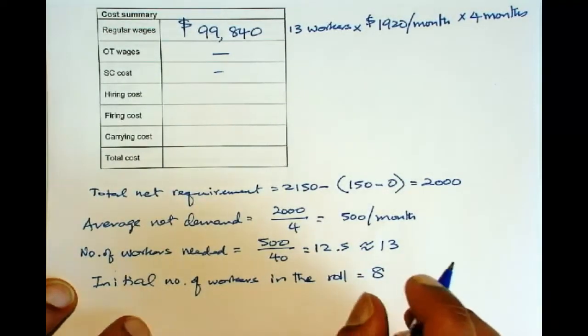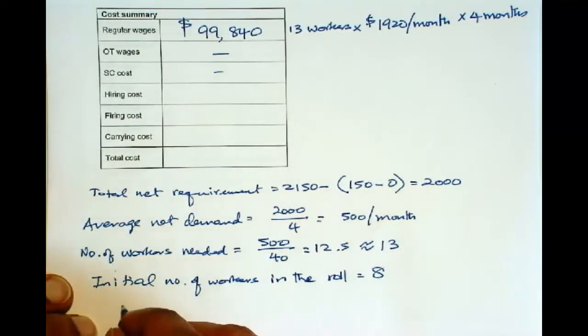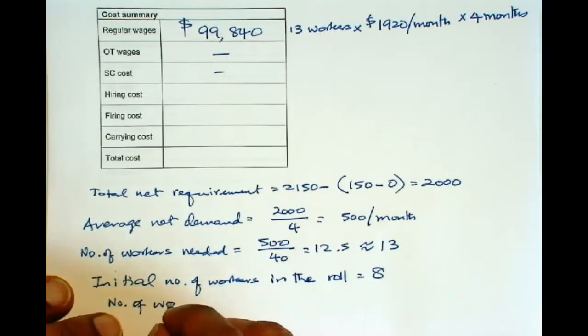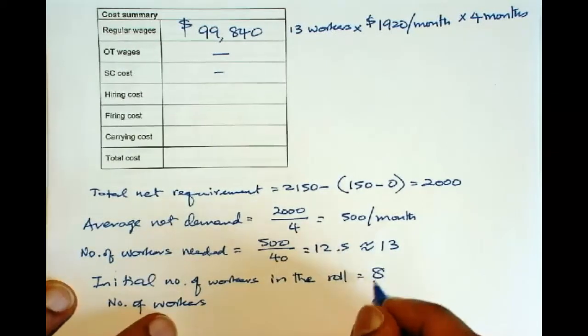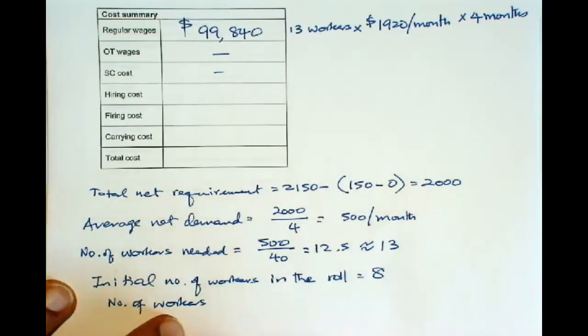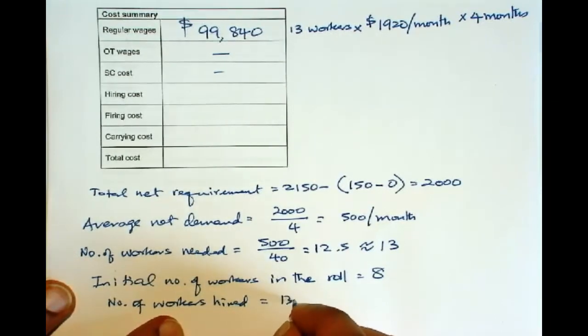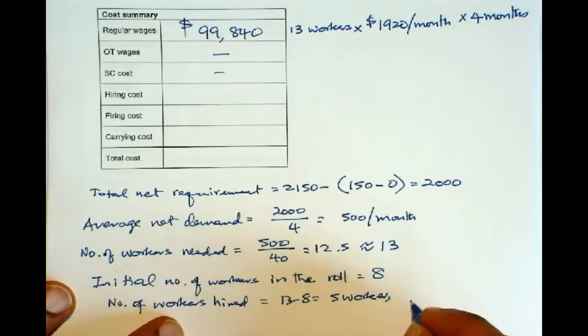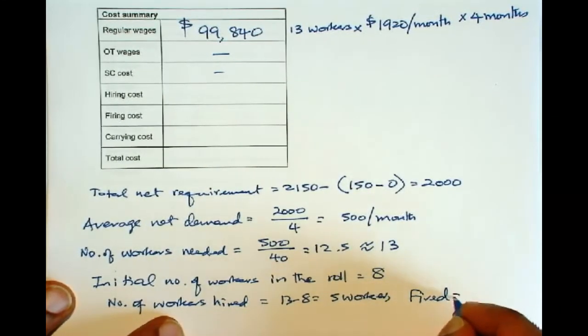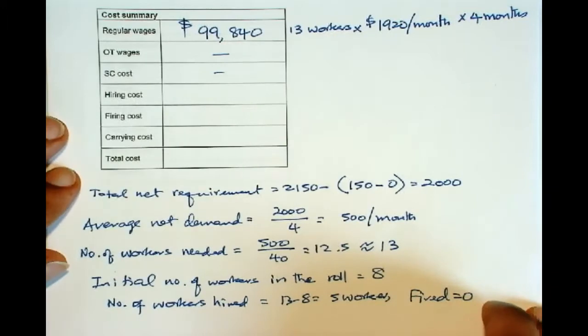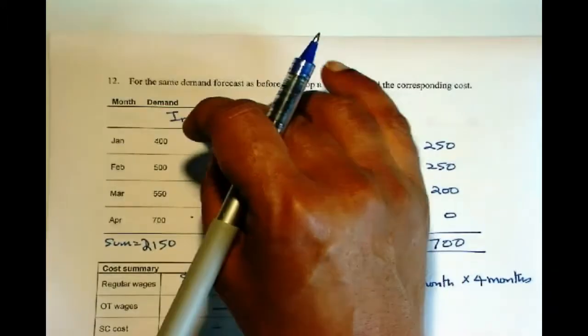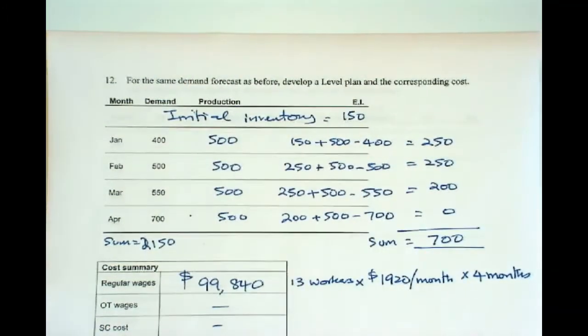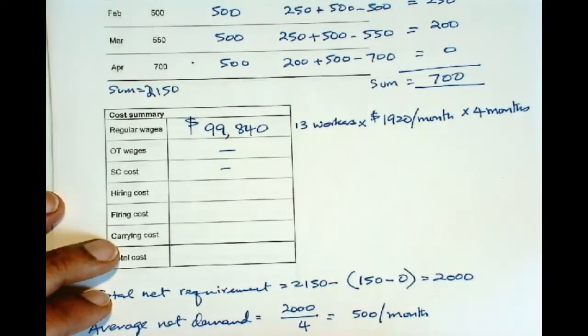So number of workers, so now fired will be 0, hired is 13 minus 8 is 5 workers. Okay. Level plan only in the first period. After that we have the same number of workers at level. So here there is no firing cost.